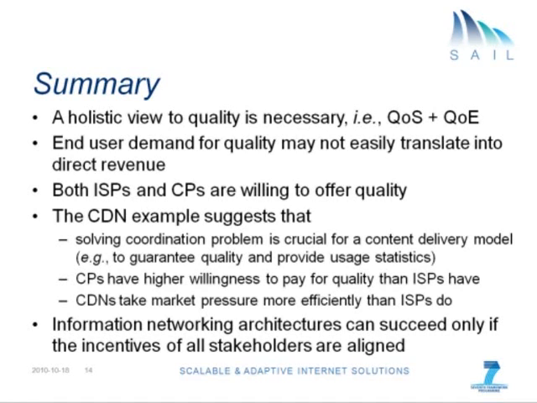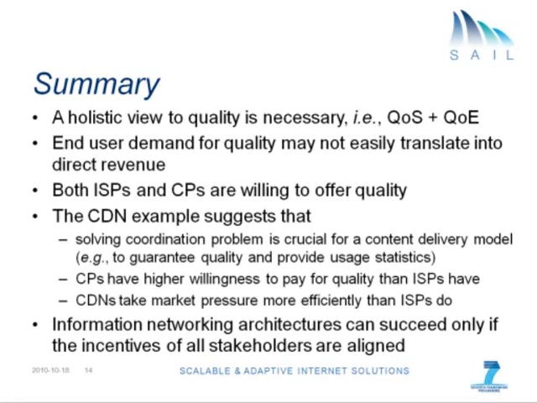This is, for example, to guarantee the quality and also to provide usage statistics that seem to be important for content providers. Information networking proposals have not thought about this issue too much, or at least I haven't seen them thinking of this kind of issue.